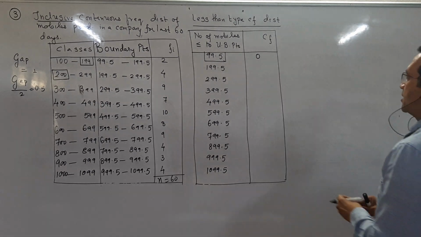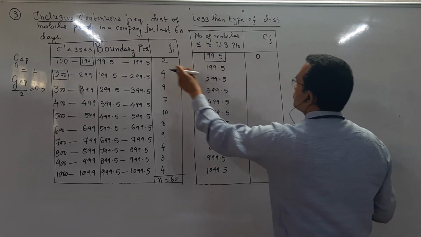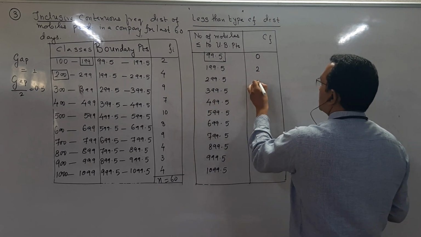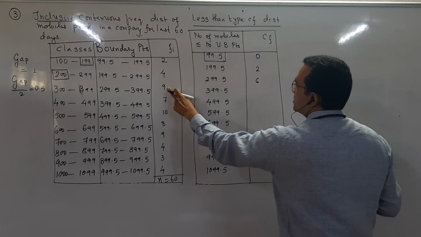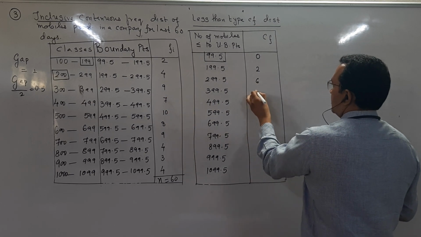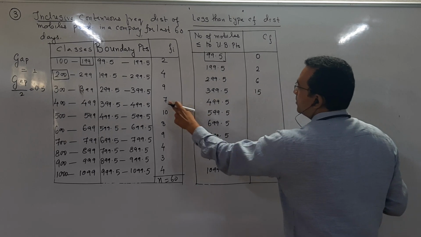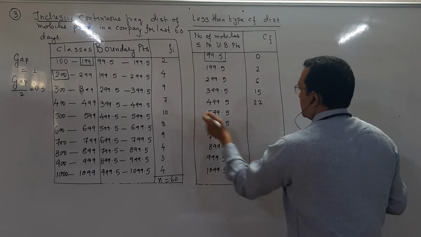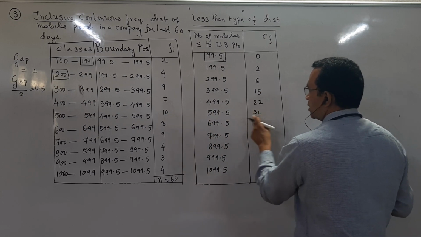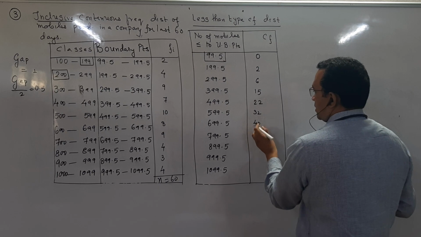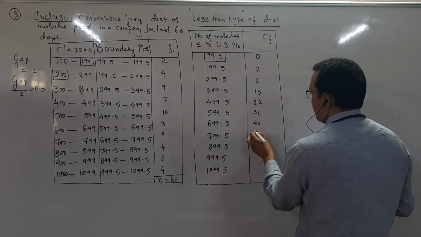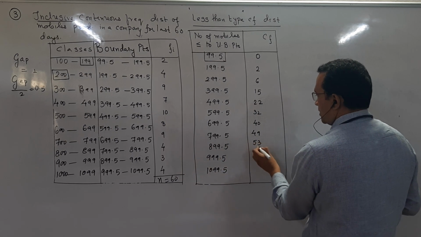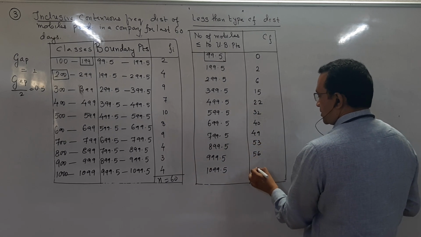Now go on adding: 0 plus 2, so 2. 2 plus 4, 6. 6 plus 9, 15. 15 plus 7, 22. 22 plus 10, 32. 32 plus 8, 40. 40 plus 9, 49. 49 plus 4, 53. 53 plus 3, 56. 56 plus 4, 60.